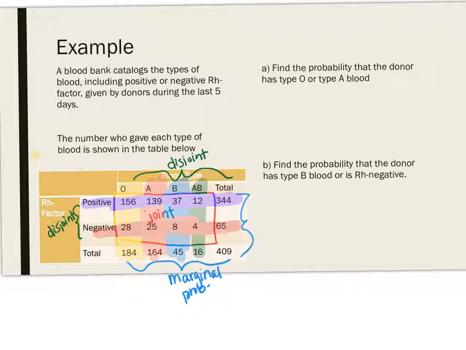All right. And what I want to know is the probability that the donor has type O or type A blood. So let's get rid of all of this stuff so it doesn't distract while we do this.